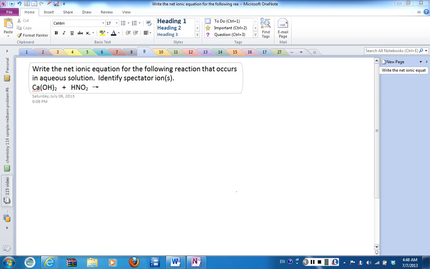So first of all, for us to get the net ionic equation, well, we gotta have an equation. Right now we only have reactants. Let's predict our products. Alright, using the common sense in double displacement reaction, exchange partner, calcium is now going to get together with nitrite ion, and hydrogen of course have no choice but partner up with hydroxide.